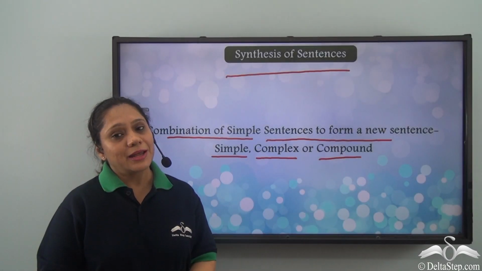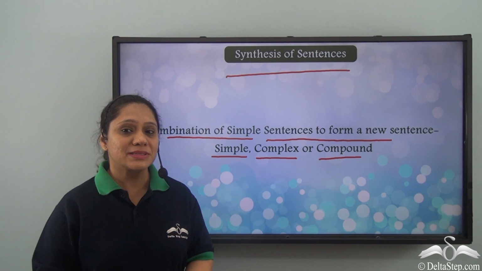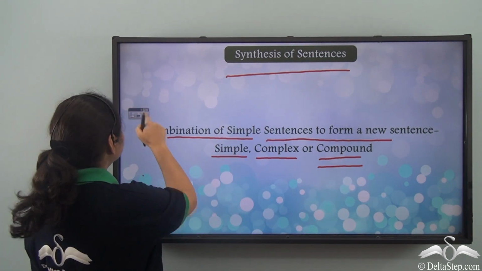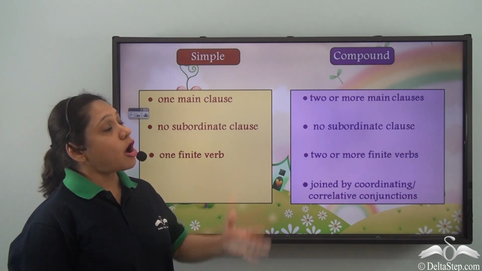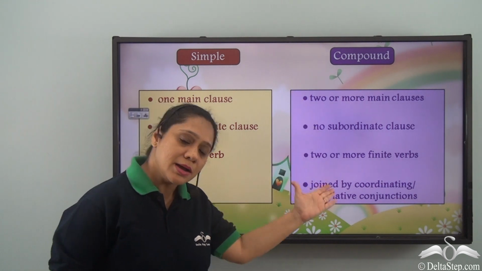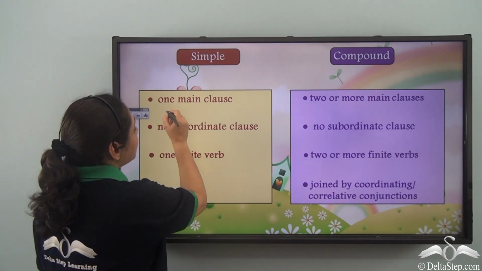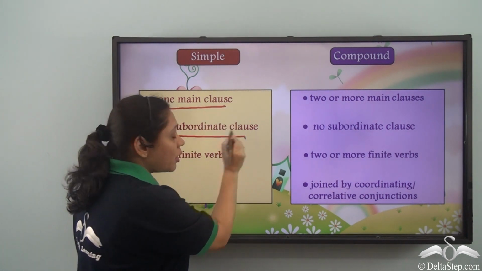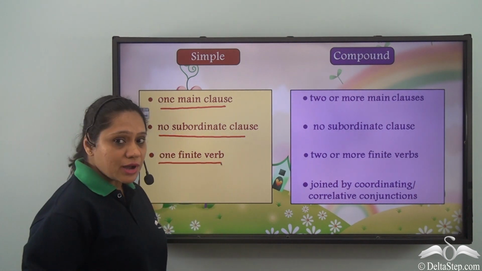So today, let us learn how we can join two or more simple sentences to form a compound sentence. Let us quickly revise the features of a simple sentence as well as a compound sentence. Now, we have learned that a simple sentence has one main clause, it has no subordinate clause, and it has one finite verb.